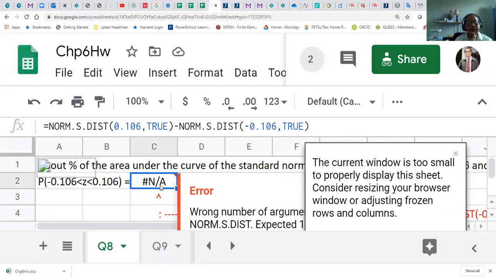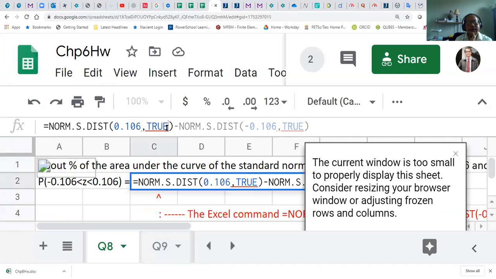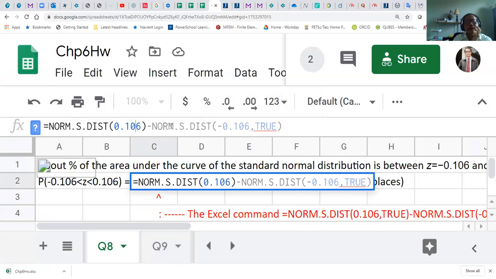Okay, so again, you need to remove this. 0.217, right? And this is minus, oh, sorry, 0.217.